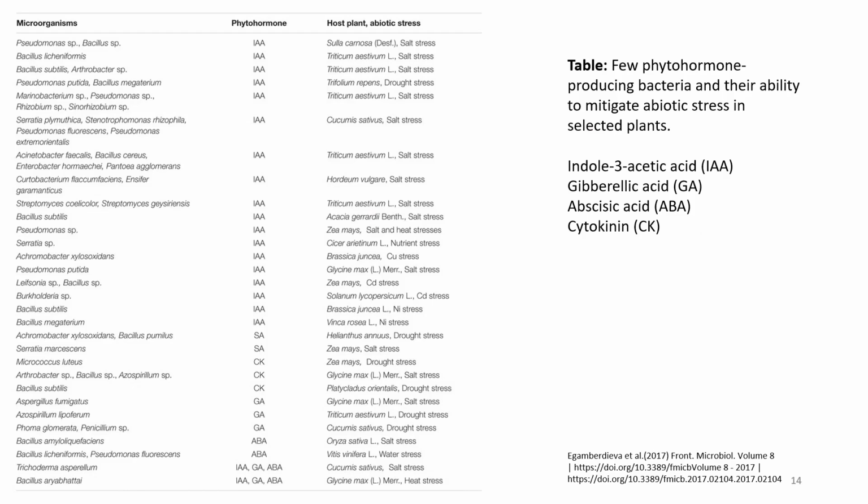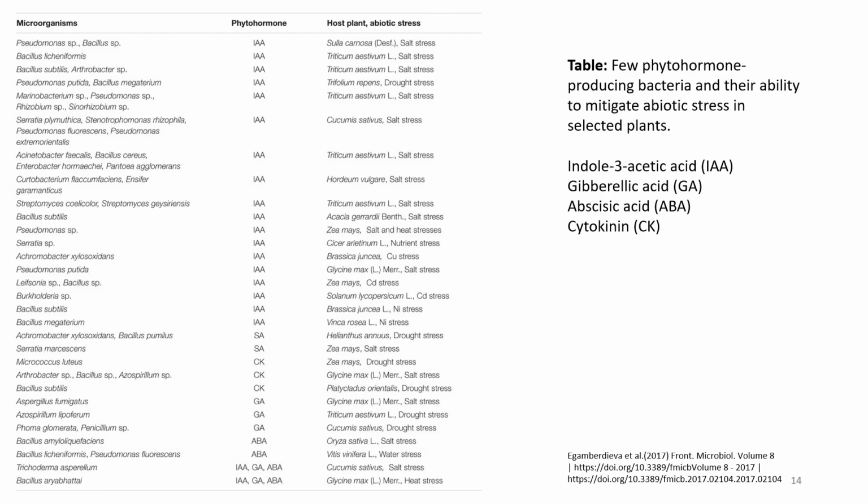So, this is a list of certain bacteria which produce phytohormones, and it also shows the phytohormones they produce, and these overall mitigate abiotic stress in certain selected plants which are listed over here.